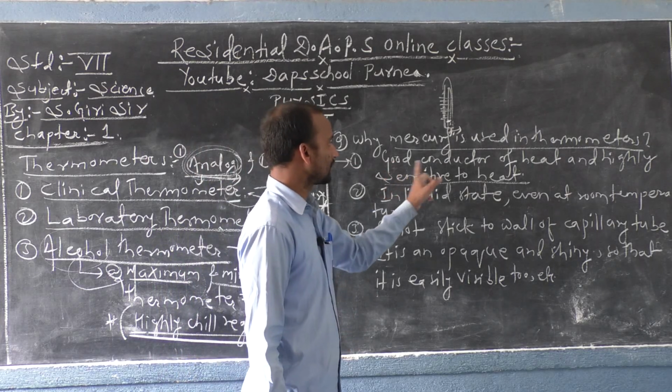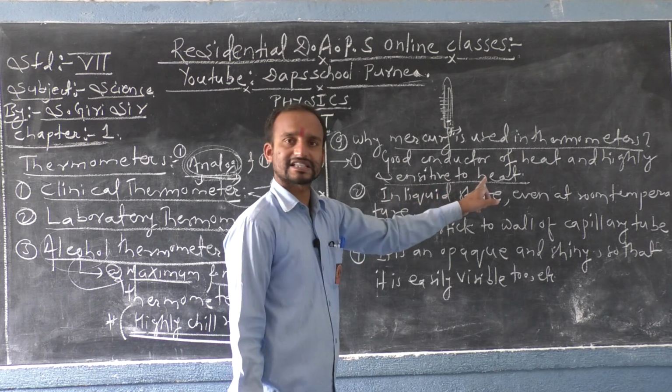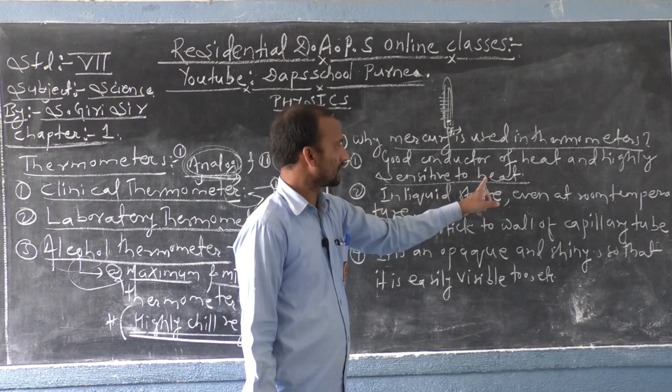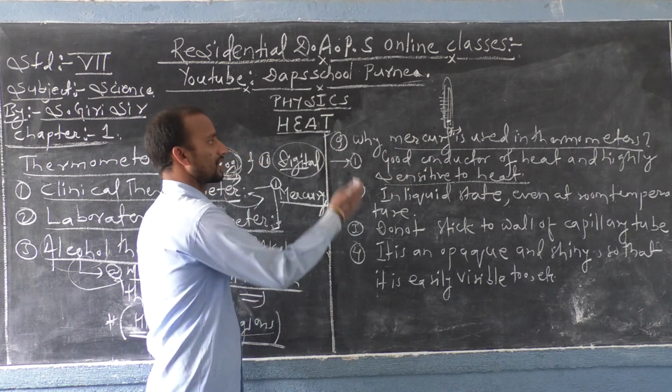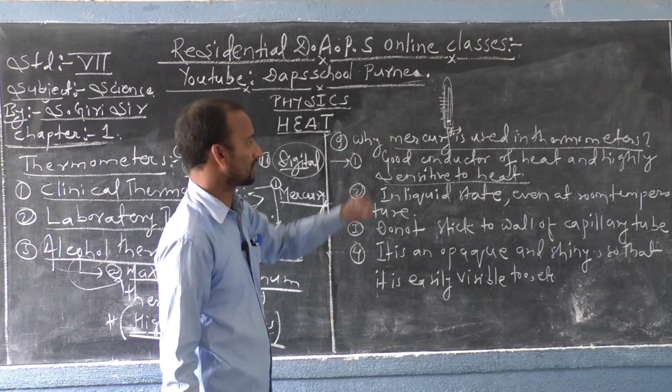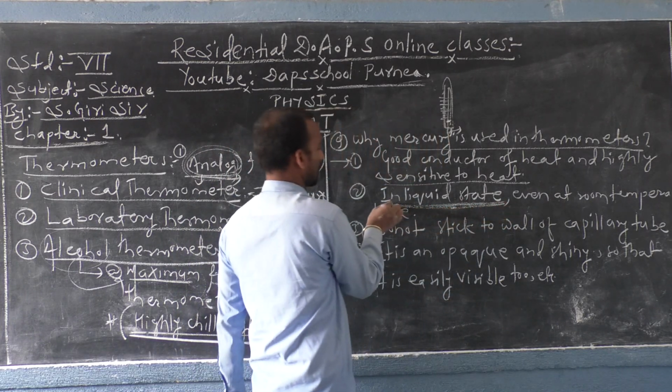So it is a good conductor of heat and highly sensitive; even with a small change of heat, it expands properly and gives the perfect reading. So mercury is kept in a thermometer. Number 2, it is available in liquid state.